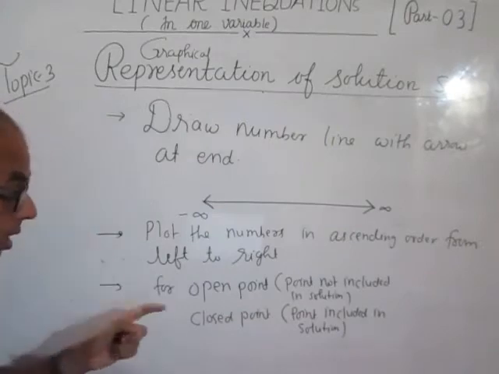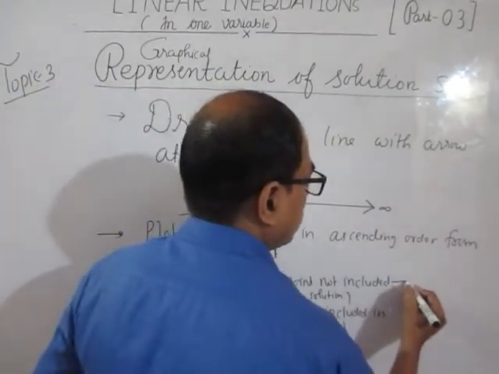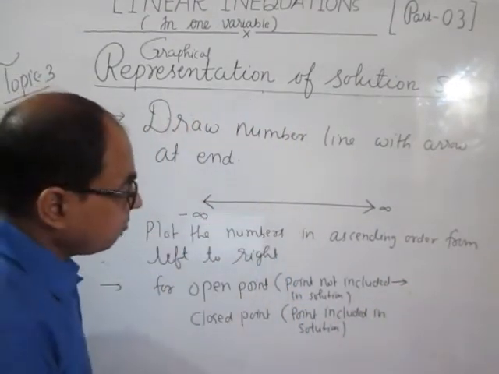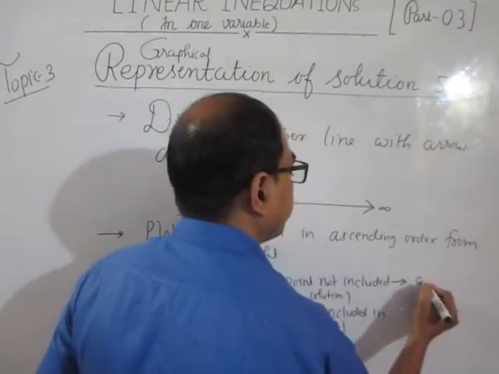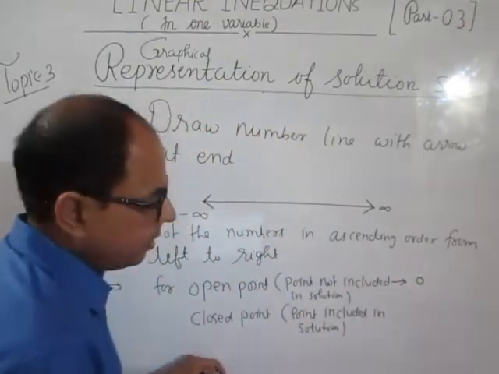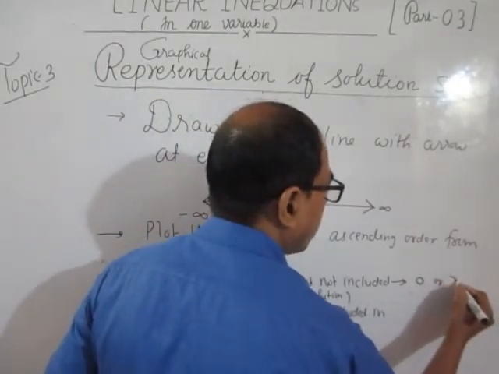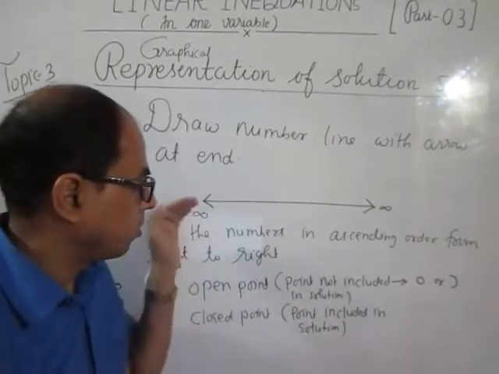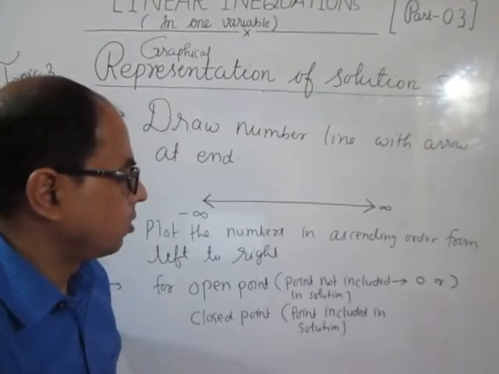To indicate open point on the number line, you can use a small empty ring, or you can use a curved line. This point is not included in the solution.